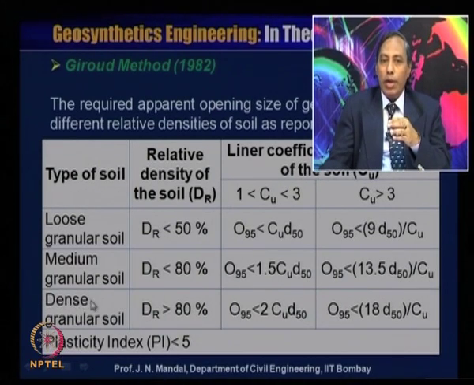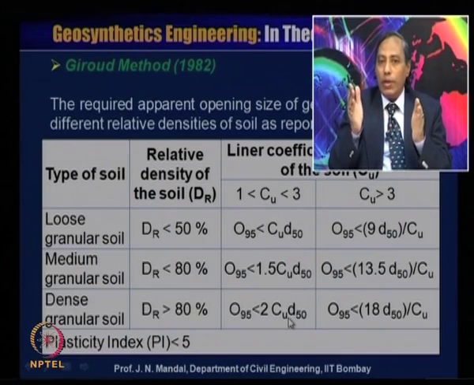If it is a dense granular soil, that means relative density greater than 80% and Cu greater than 1 and less than 3, then O95 should be less than 2 into Cu into D50. And if Cu is greater than 3, then O95 should be less than 18 D50 divided by Cu. And plasticity index is less than 5.